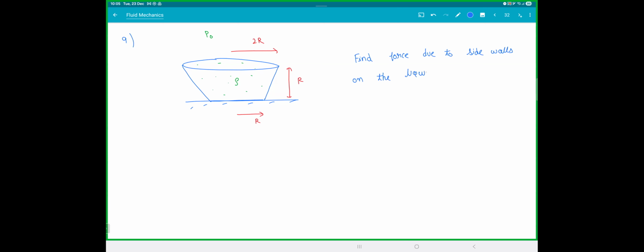I need to tell you, the whole thing will start looking like NLM. If you see, we're just drawing FBDs every time. Let's get this. What is the force on the liquid due to the side walls?